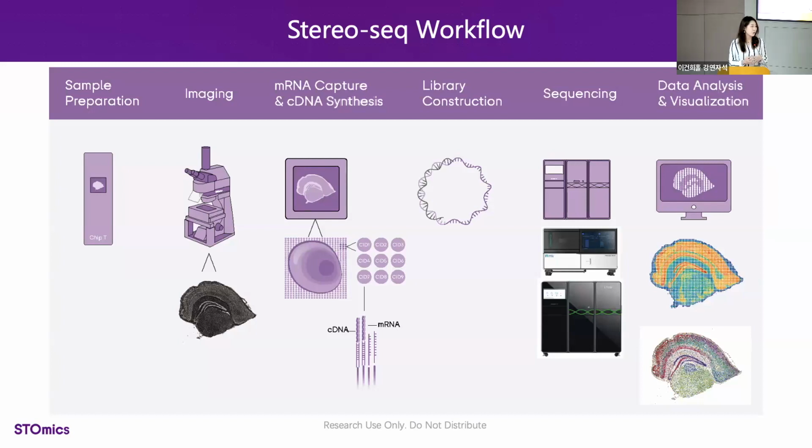We have a 1 centimeter by 1 centimeter standard chip offered in the kit for now, and also perform imaging with the standard microscope we have in the lab. Then the mRNA capture and cDNA synthesis will be done on the chip. Then we will do a rolling circle amplification to construct the cDNA library, and later it is sequenced on MGI sequencers.